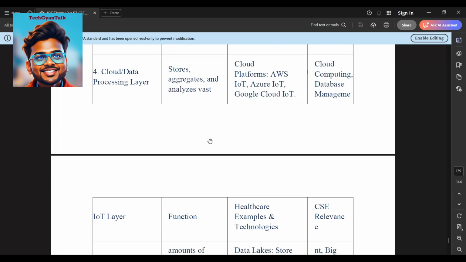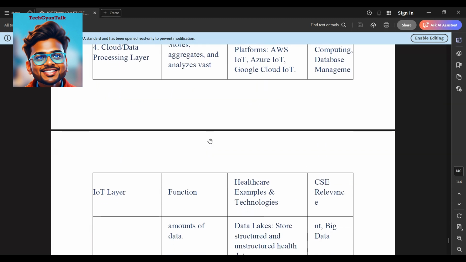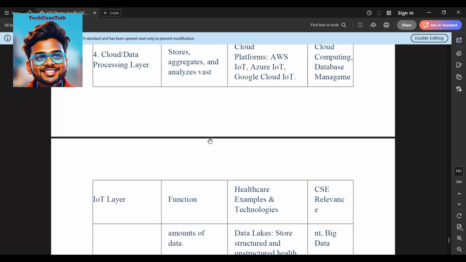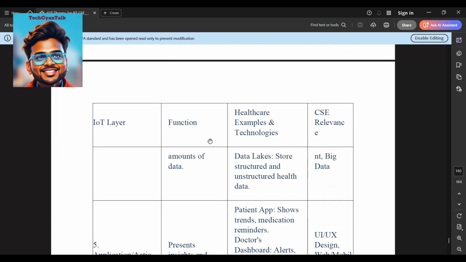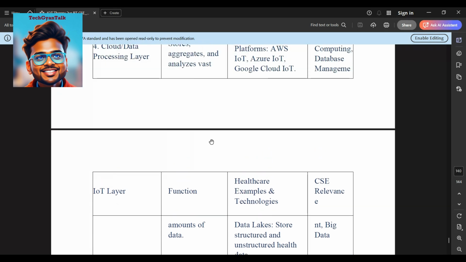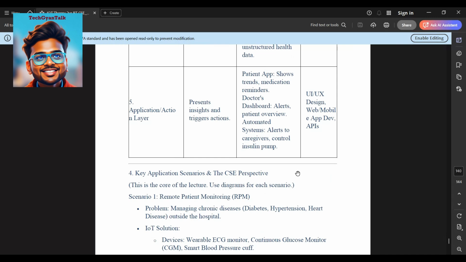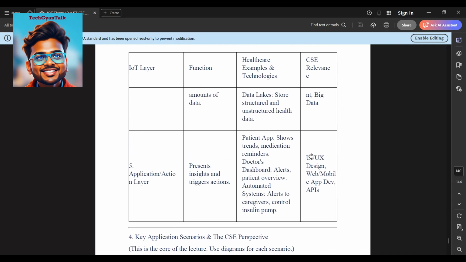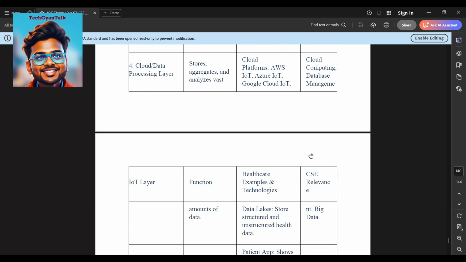One more thing is the vast amount of data. You can also include data lakes, which store structured and unstructured health data, and big data in the cloud.